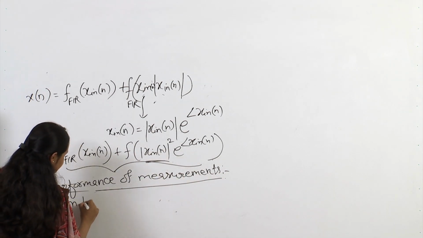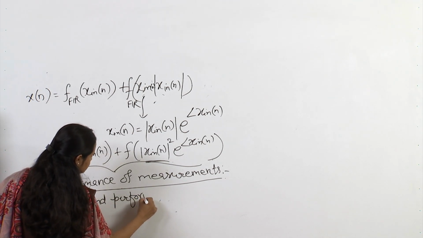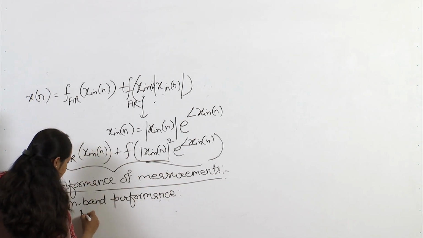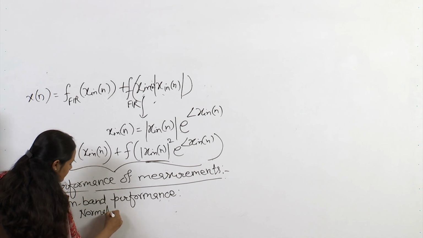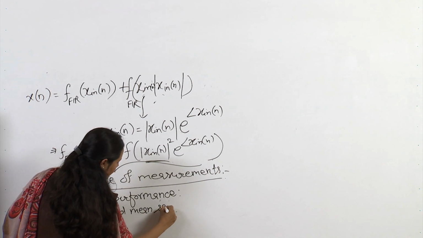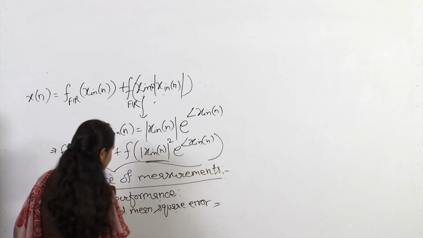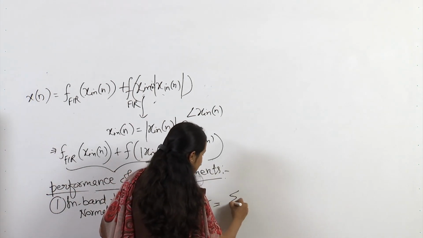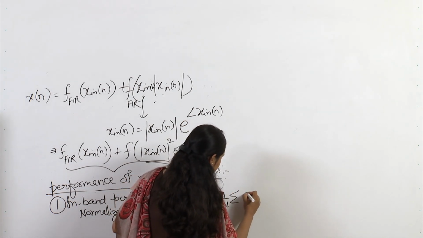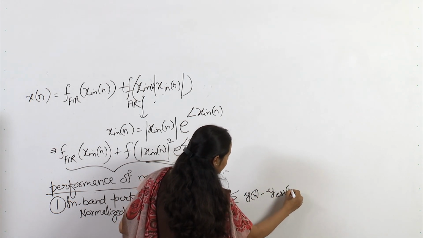In band performance is measured in terms of normalized mean square error, which is given as 1 upon n, y n minus y estimated n.